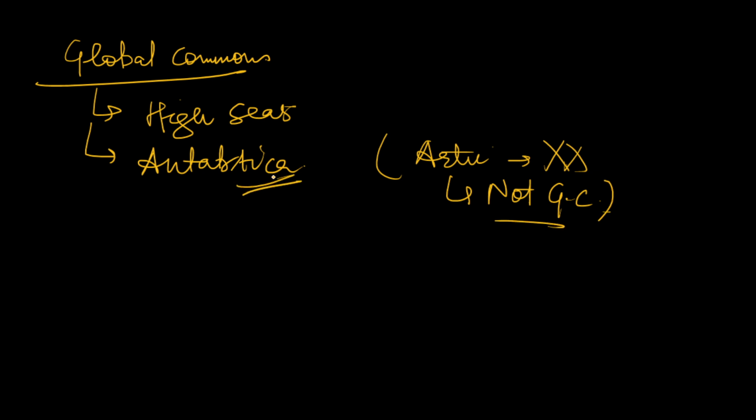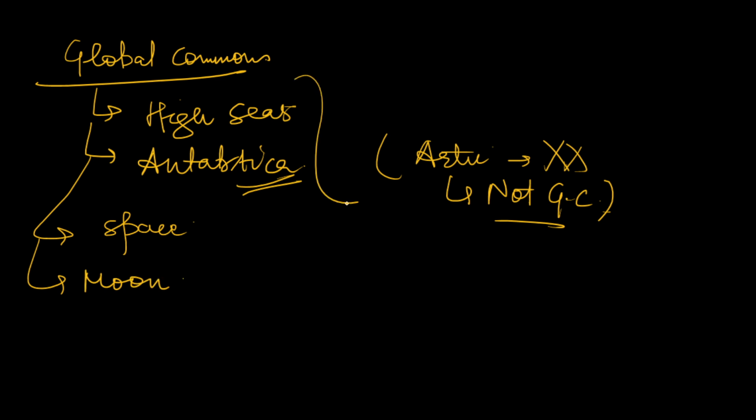Then we have space and the moon. These are the four global commons. All of the world has similar rights on those. Nobody can say that the moon is ours, no country can say that space, Antarctica or the high seas are ours.